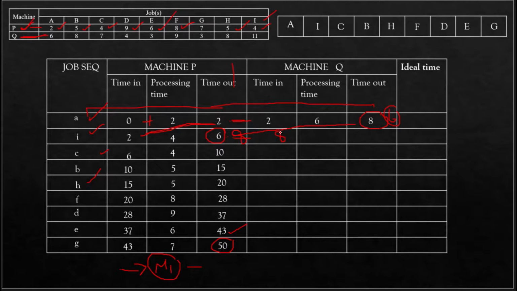Because we can't assign a number of jobs to one single machine. We want to wait until the machine's task is completed. For that sake we are considering the maximum time, of machine 1 and job A and job I. The job A out time is the 8th hour and the job I out time is the 6th hour. Compared to both, the maximum time is the 8th hour.